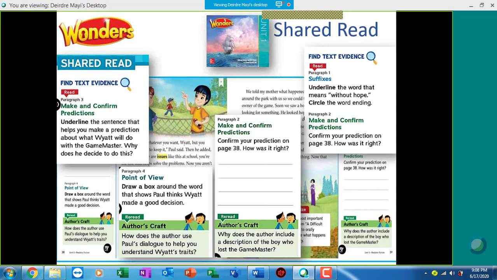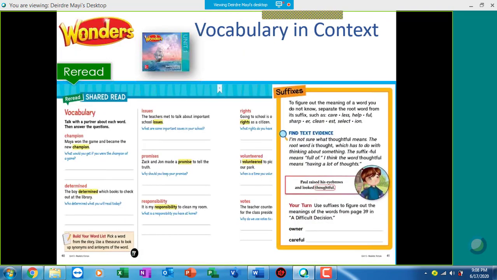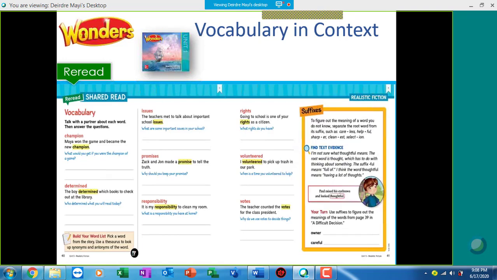So you're sitting there and you're thinking, well, you did say that students would reread and that there would be prompts, but that there would also be mini lessons. What do the mini lessons look like? Well, the mini lessons, I'm going to show you in just a second, will have students focusing on a particular question.